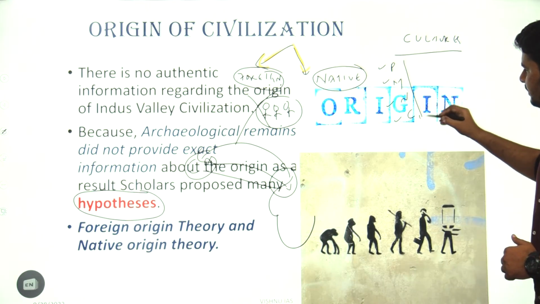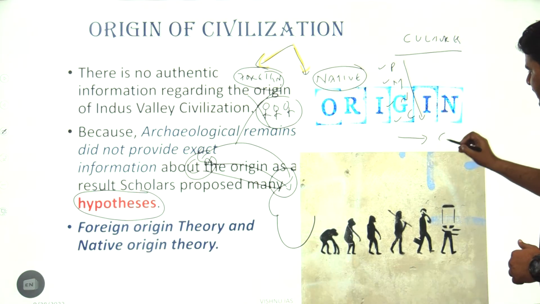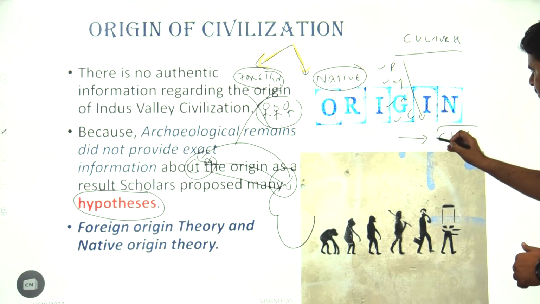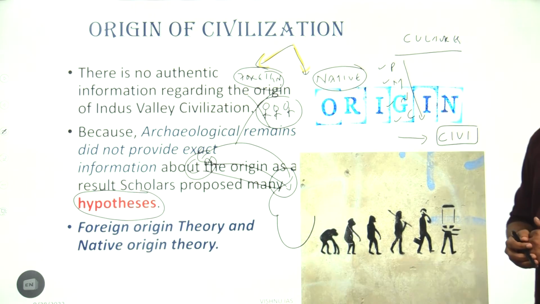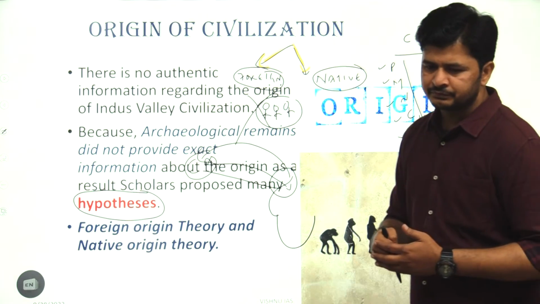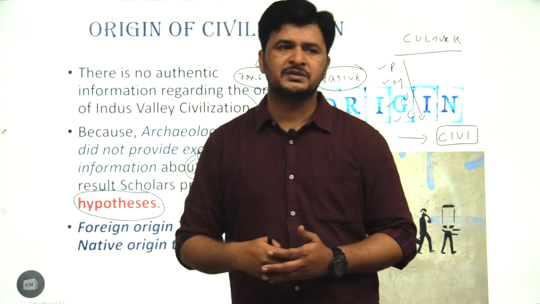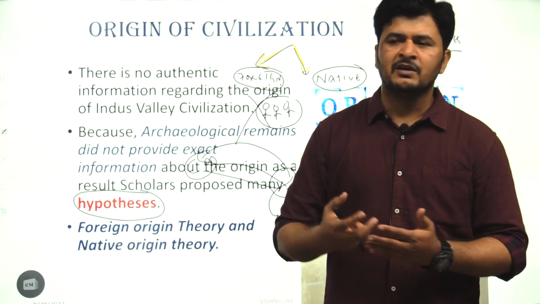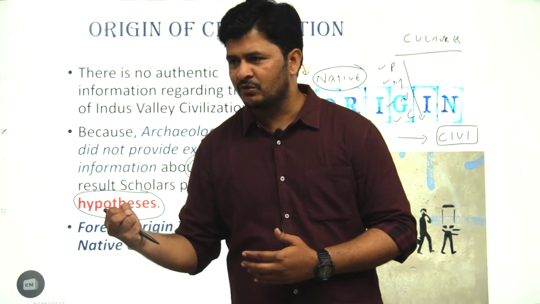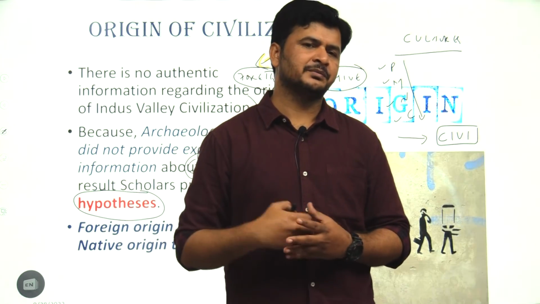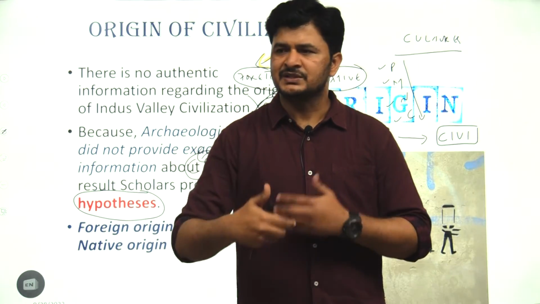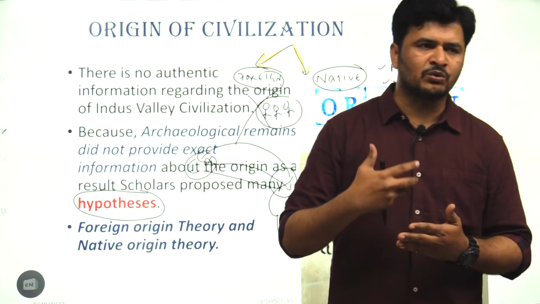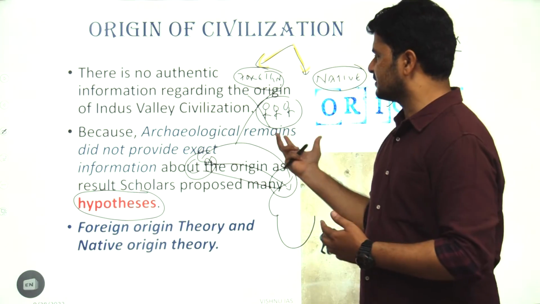These cultures over a period of time assumed the color and character called civilization. What does it mean by culture? Way of life. Civilization? Advanced way of life. When you don't have a way of life, forget about an advanced way of life. This is how Indian historians countered foreigners.